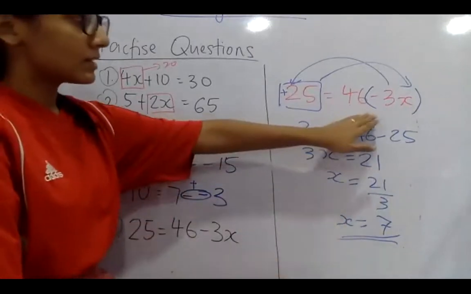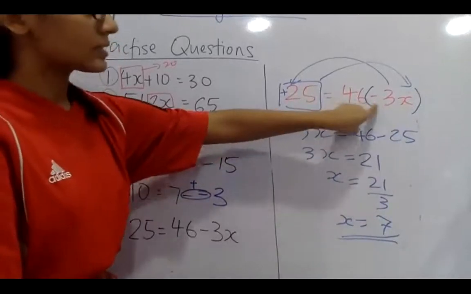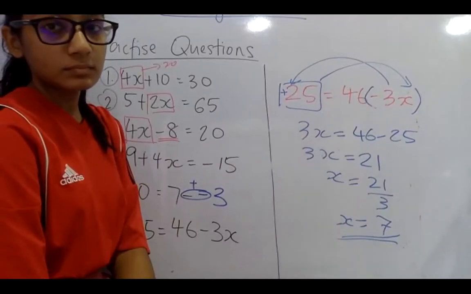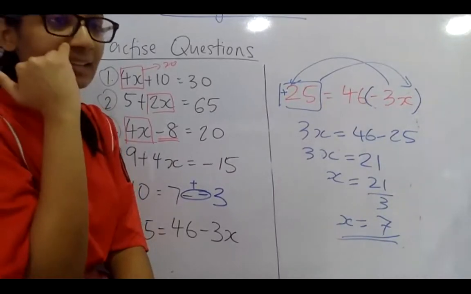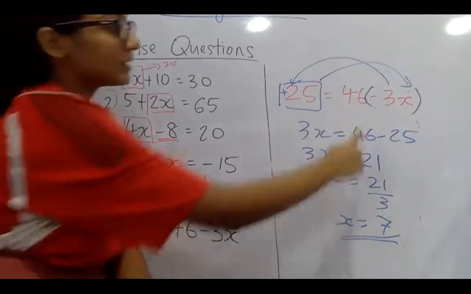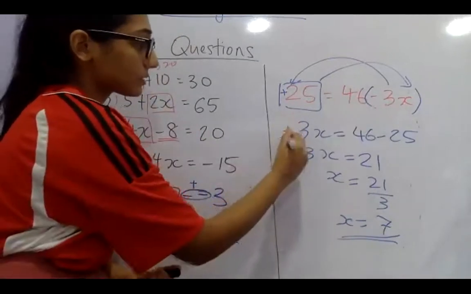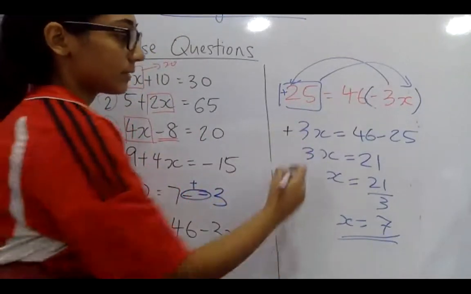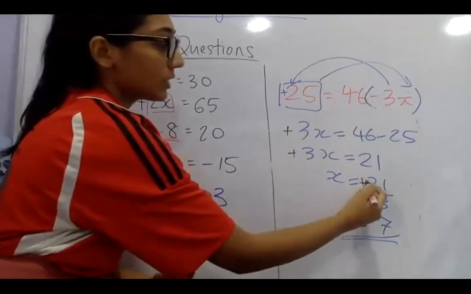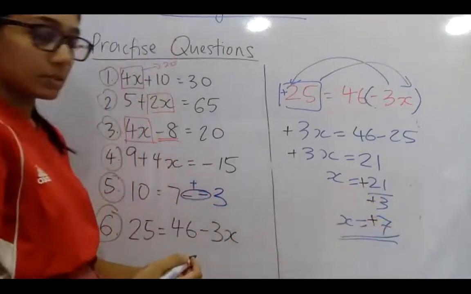When I have a minus, this can also be read as 46 minus 3x or 46 negative 3x. It's the same thing. A negative sign represents minus. So minus 3x I bring over will become plus 3x. 21 divided by plus 3. So 21 is positive, 3 is positive. Positive and positive will be positive.